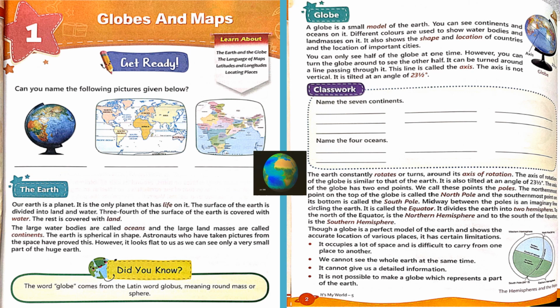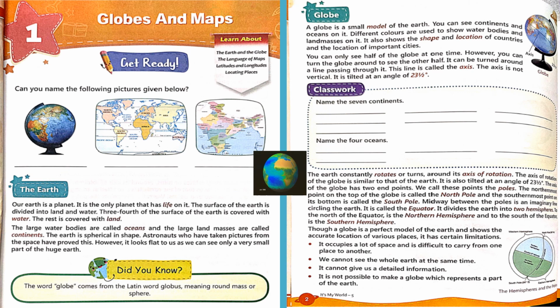Midway between the poles is an imaginary line circling the earth. It is called equator. It divides the earth into two hemispheres. To the north of the equator is the northern hemisphere, and to the south of the equator is the southern hemisphere.